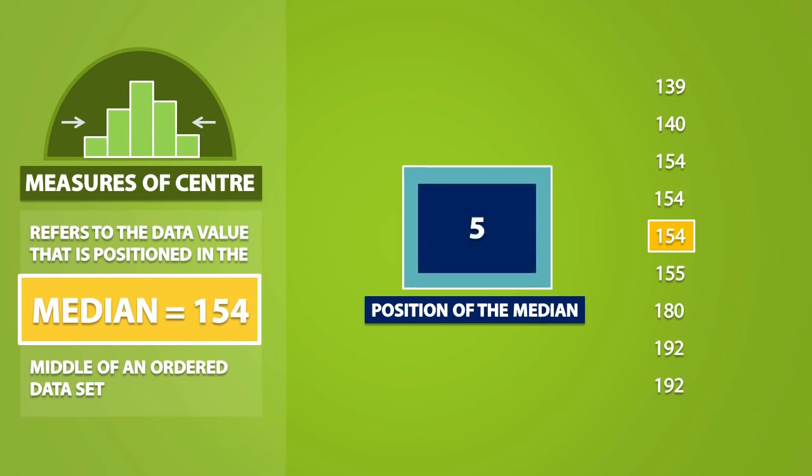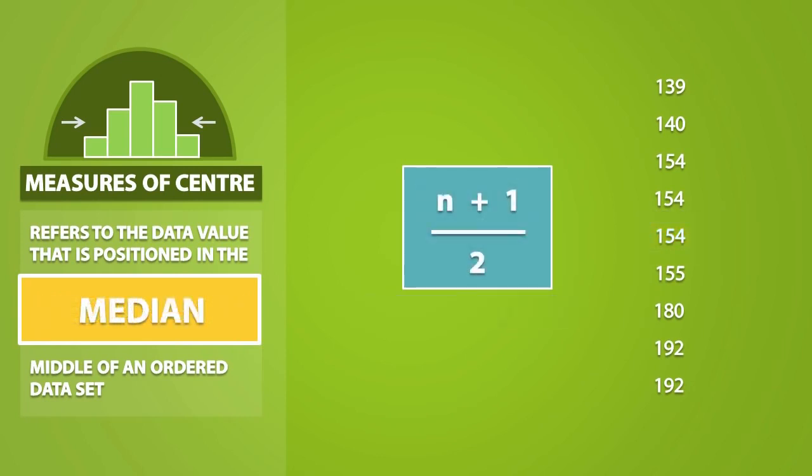As a result, the median is equal to the value in the 5th position, which is equal to 154. Note that we could have counted from the bottom and we would still get the same answer as long as the dataset is ordered. We always use the formula (n plus 1) divided by 2 to find the position of the median. When we have an odd amount of data values, the median will always be apparent.